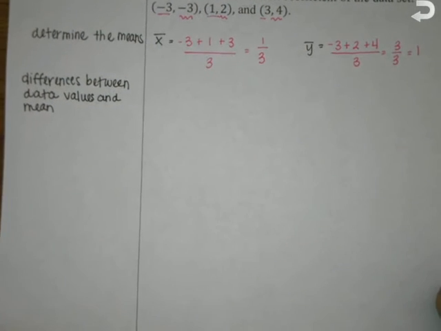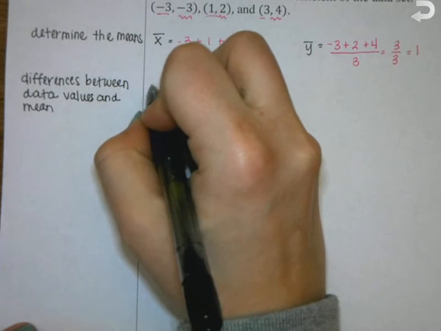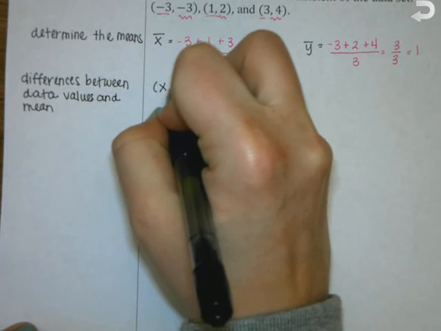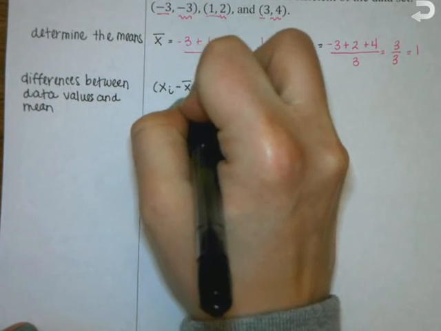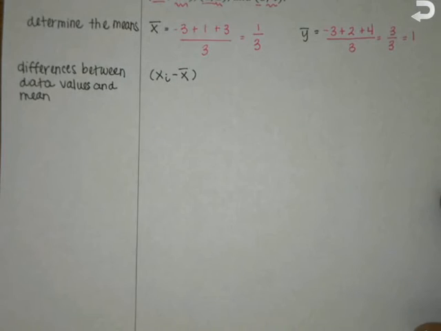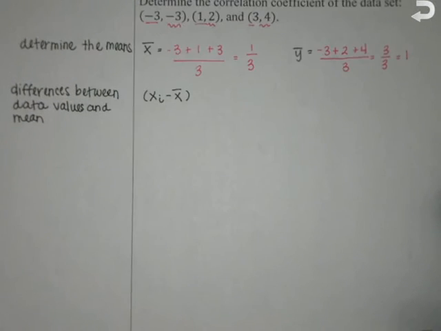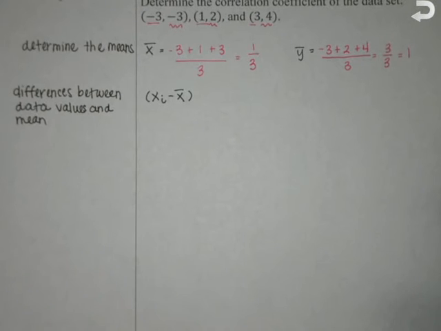Okay, so we're going to look at all the differences between each data value and the mean. So let's do the x's first, the x sub i's minus the x bars. We're going to do those first, and then we'll do the y's.